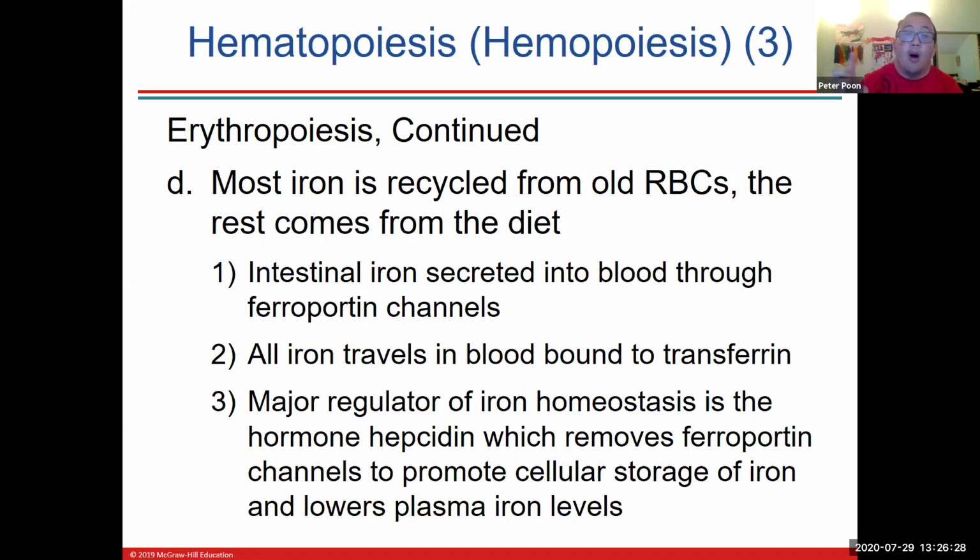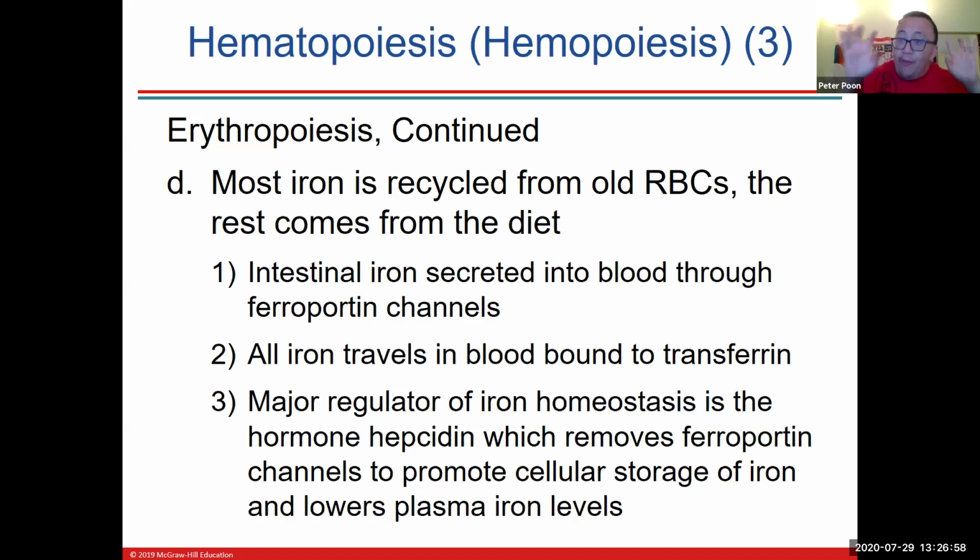All right, one of the major components of red blood cells is iron. So most of the iron is recycled, but you always need a little bit of iron coming from the diet to maintain it. Without iron, you get anemia. Most of the iron is secreted into the blood through ferroportin channels.